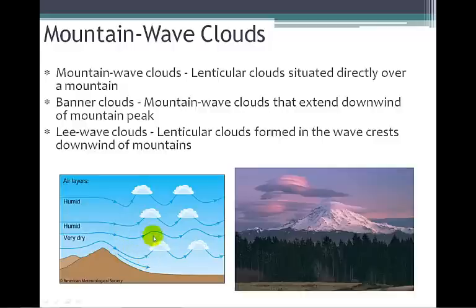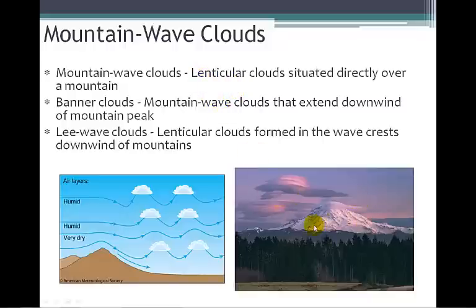So these types of clouds that form at the ridges of these ripples and the airflow downwind of a mountain are called mountain wave clouds. So these are lenticular clouds. You'll hear that term for like a lentil, the little bean. It's lens shaped. And they sit right over a mountain.